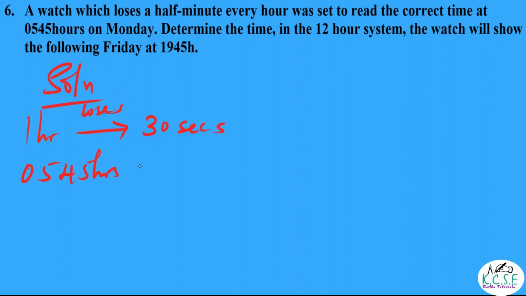05:45 hours. This was on Monday, and you're supposed to determine the time that it will be showing the next Friday at 19:45 hours. So what we need to get is the number of hours between Monday 05:45 hours and Friday 19:45 hours.